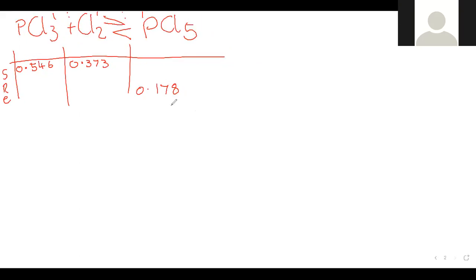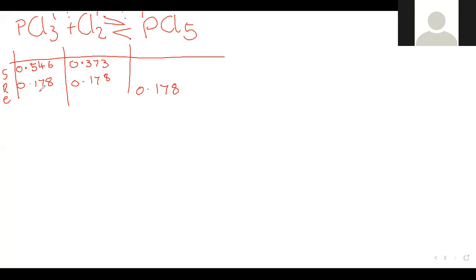If that is how much we've got at equilibrium there, the same amount will have been reacted, will have been used up for species A and species B. So the amount reacted would be 0.178, and the amount reacted here would be 0.178. So to work out how much we would have at equilibrium, we would do 0.546 minus 0.178.